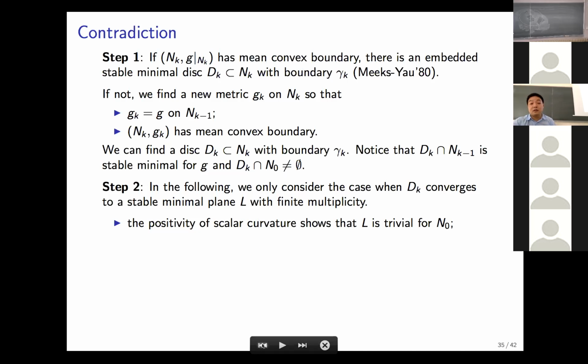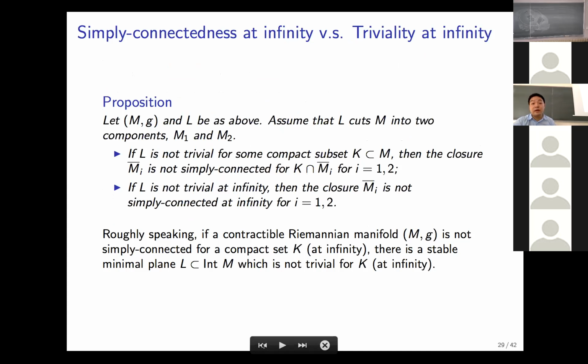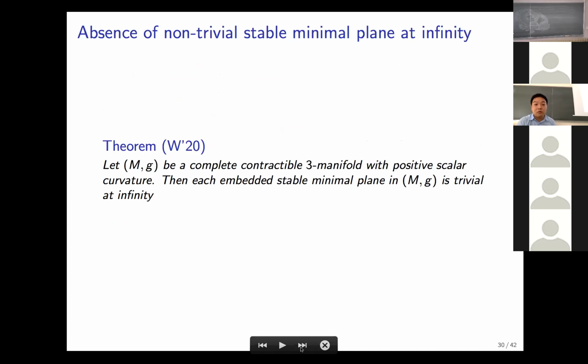Going back, we proved that in a complete contractible three-manifold with positive scalar curvature, each embedded stable minimal plane is trivial at infinity. So each stable minimal plane is also trivial for N0.